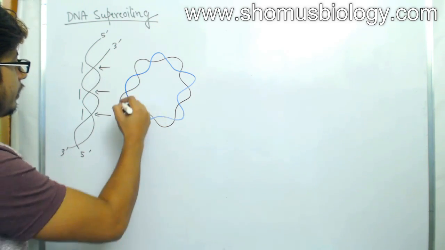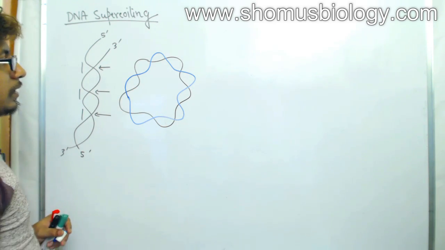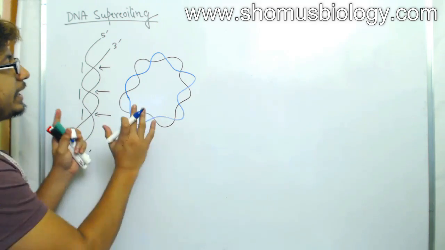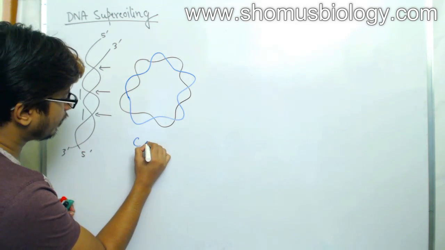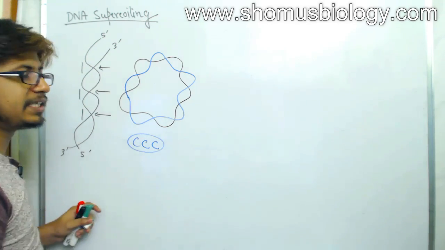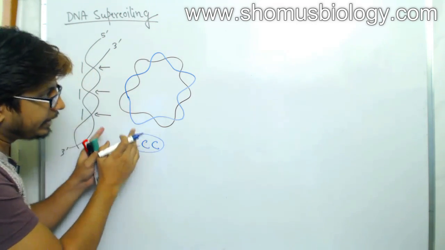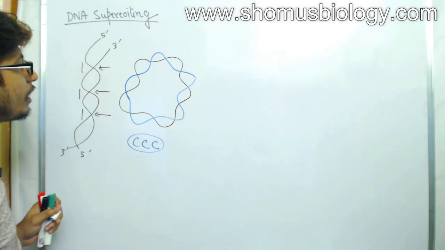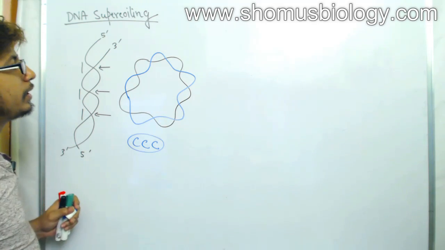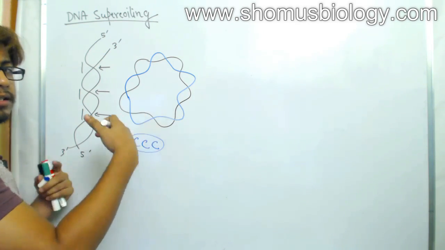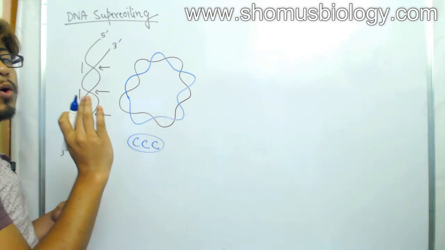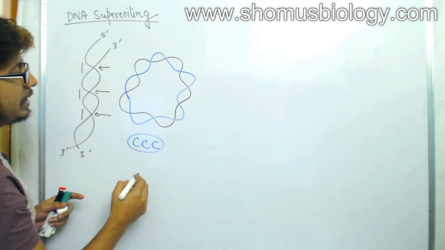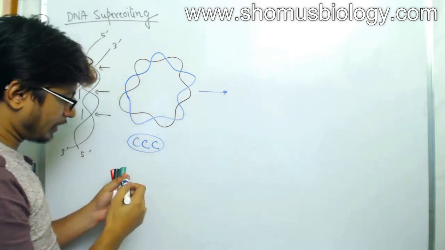This is, let's say, a DNA which is covalently closed circular. We call them CCC DNA, covalently closed circular. As you can see, it is a circle, but it's only a coiled form of the DNA. Now what is supercoiling?